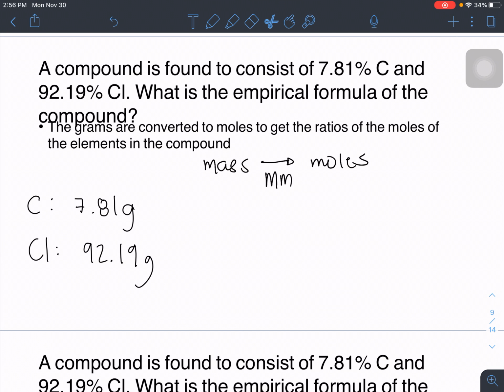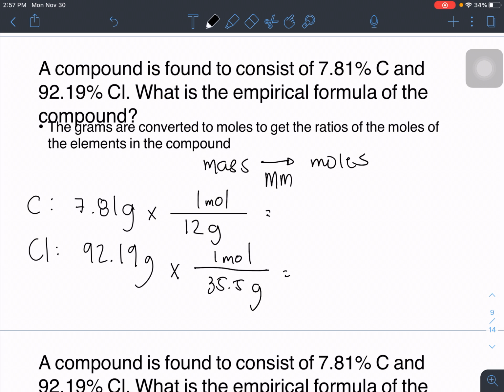For 7.81 grams, you will multiply this by the molar mass of carbon. Checking your periodic table, 1 mole of carbon is equivalent to 12 grams of carbon, and 1 mole of chlorine is equivalent to 35.5 grams of chlorine.